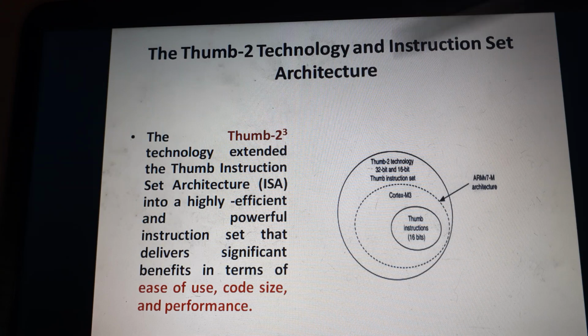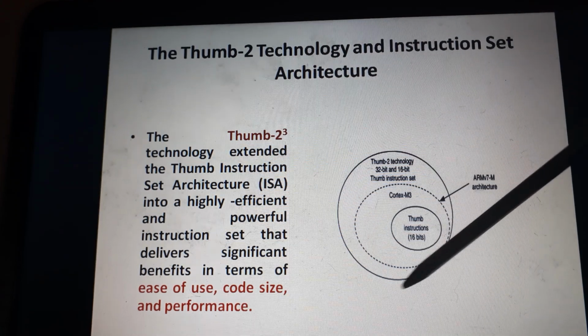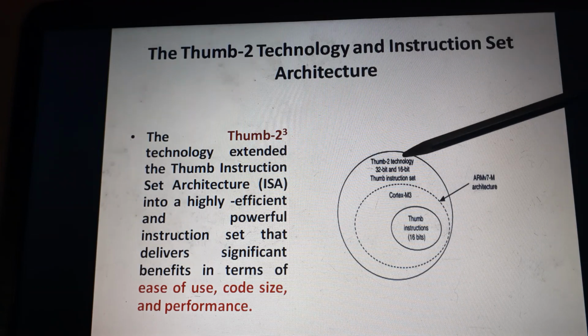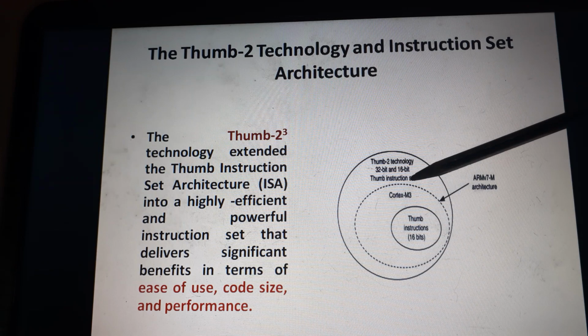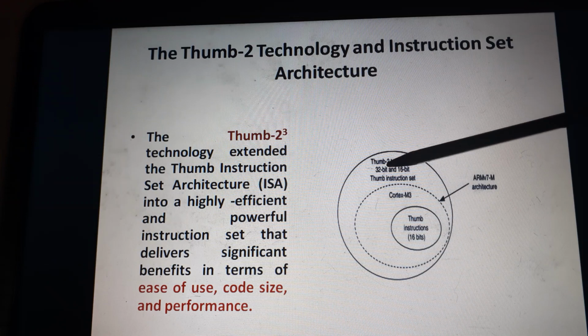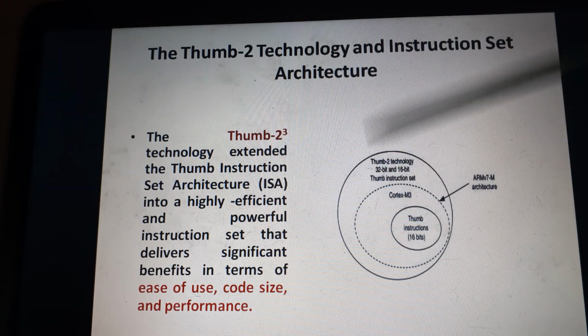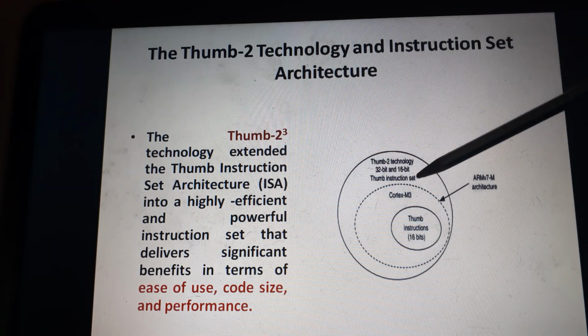In the picture shown here, these are Thumb-2 technology instructions. What does it consist of? It consists of 32-bit Thumb instructions as well as the 16-bit Thumb instruction set. These 32-bit Thumb instructions are added extra. They were not there earlier, but in Thumb-2 technology they are added.